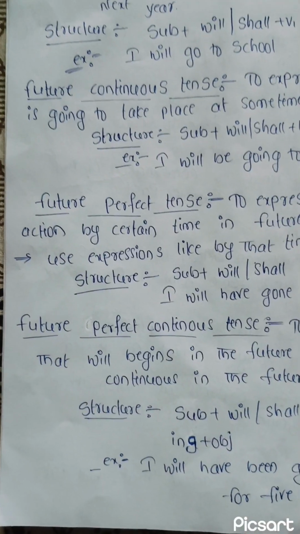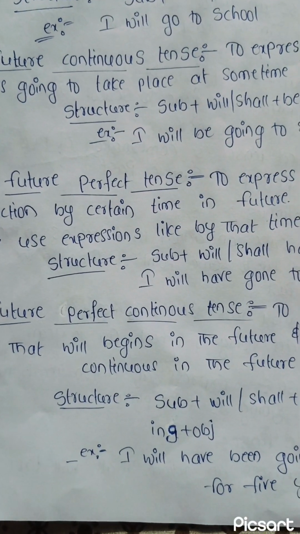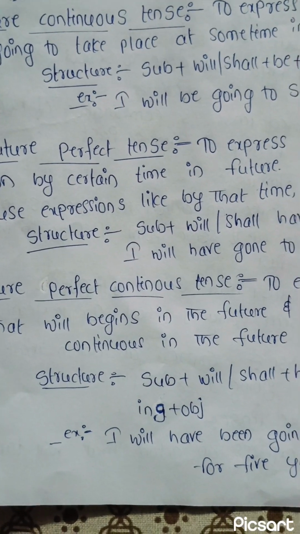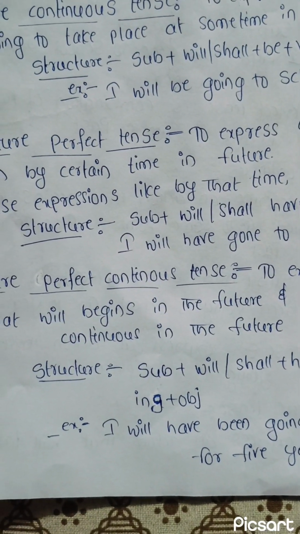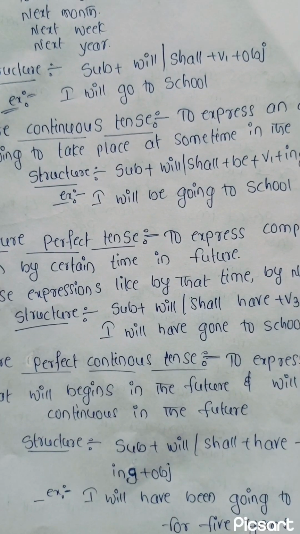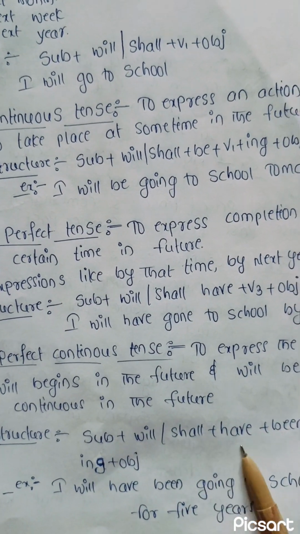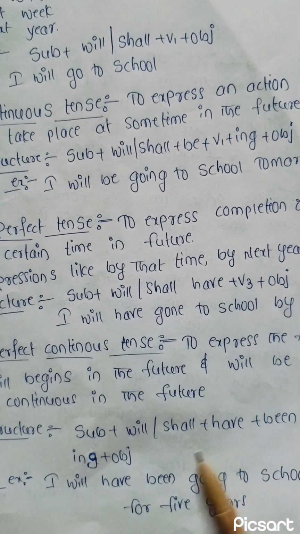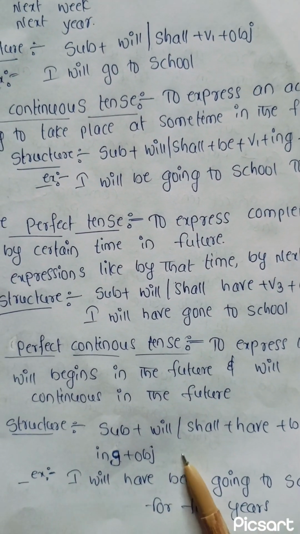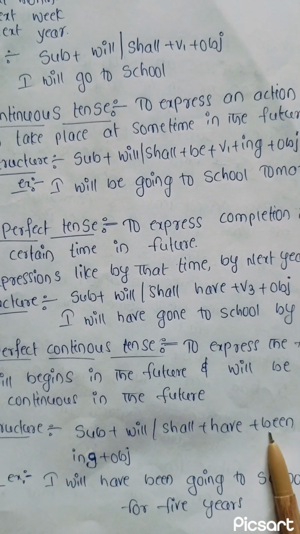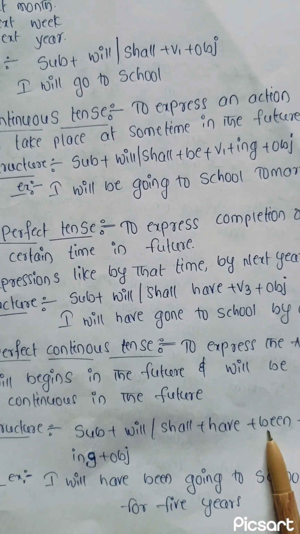Next one is future perfect continuous tense. It is used to express an action that will begin in the future and will continue in the future. Structure for this tense is subject plus will or shall plus have plus been plus V1 plus ing plus object. We have to use been here because it is a perfect continuous, so that we have to use been plus V1.